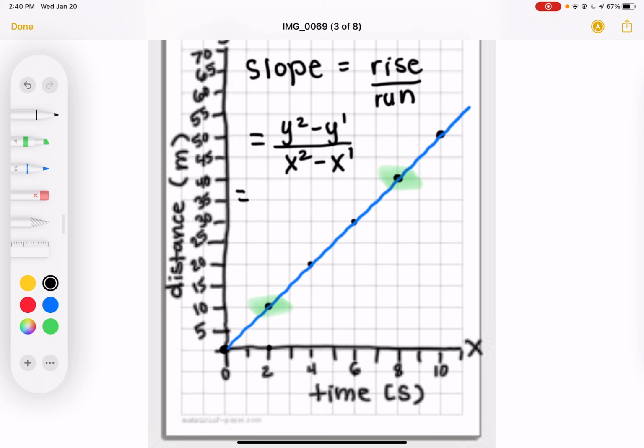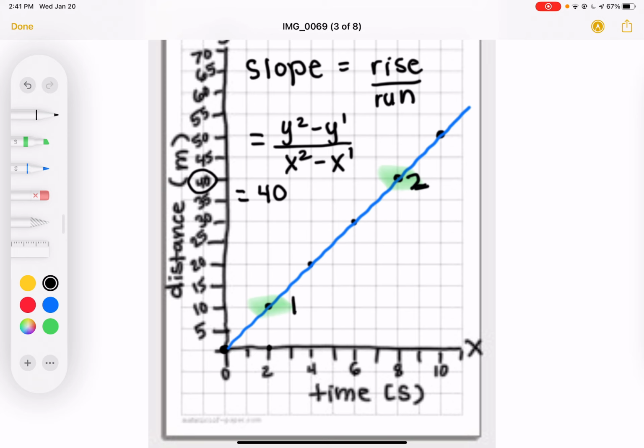So for x2, this is my second point. And this is my first point. Okay, so our second point, our y is going to be at 40.